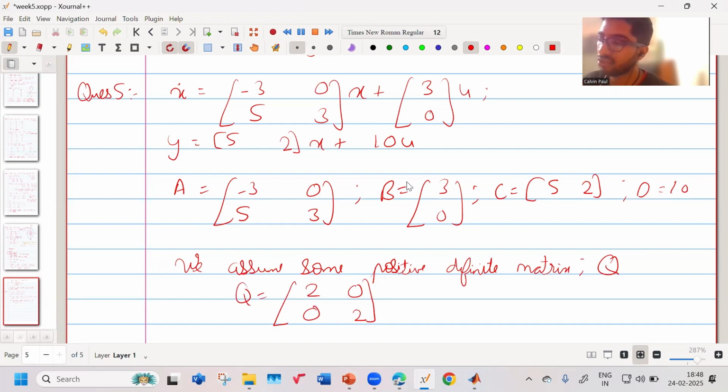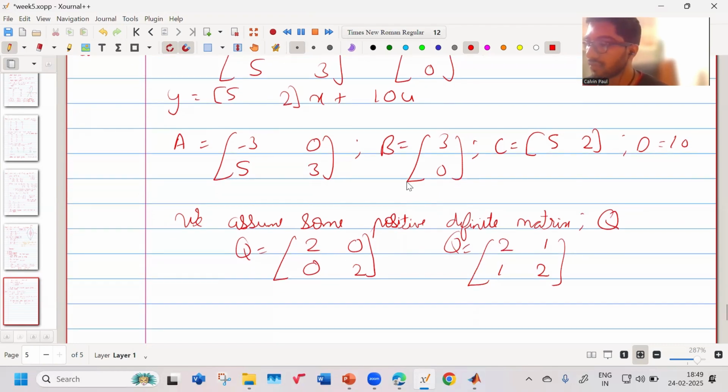Usually you choose it such that it is not difficult. If it is a number like 1.25, it is difficult. You might also have Q as [2 1; 1 2], which is also positive definite, but it becomes more complicated mathematically. If you use this Q matrix, it becomes easy.